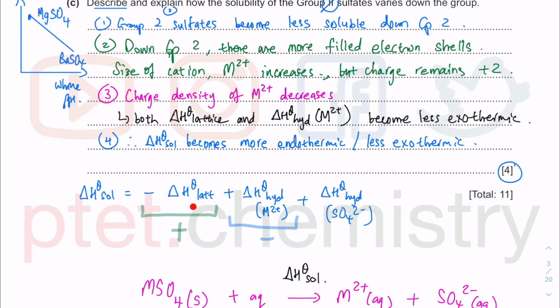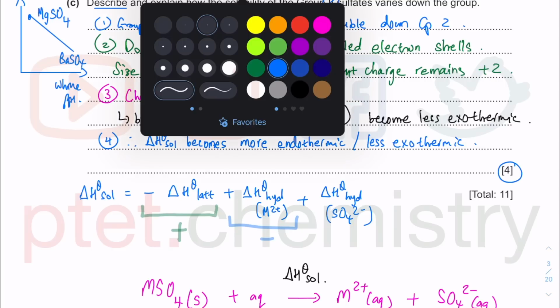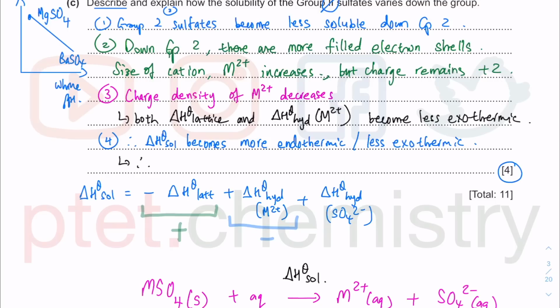If this needs to be bigger, then this cannot decrease much more compared to this, which means this has to decrease a lot more compared to this. So we can say that this decreases less than this, or we say that the hydration decreases more than the lattice. So overall, the hydration enthalpy of the cation decreases much more than the lattice.